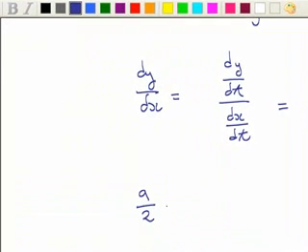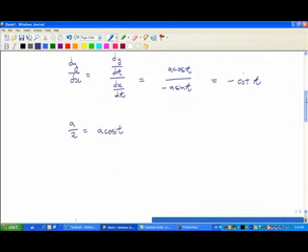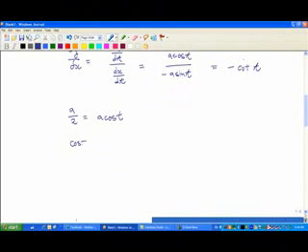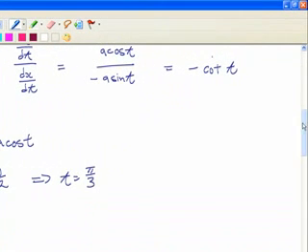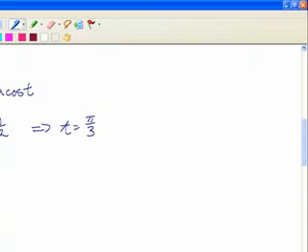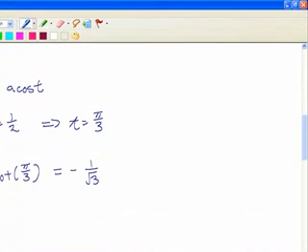So, let x be a over 2 in the parametric equation, and we will find out the value of t. Cosine t equals half. This implies that t equals pi over 3. After I get t equals pi over 3, I will put it inside dy/dx, and the calculation will give me minus 1 over square root 3.